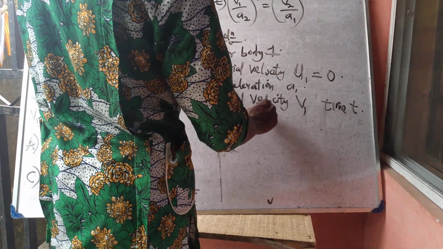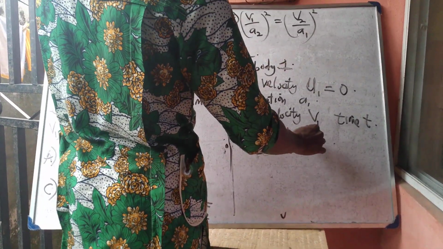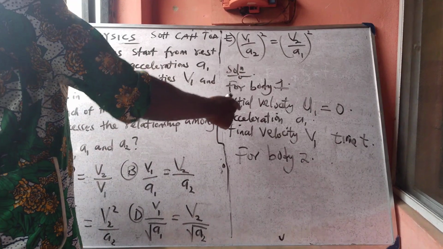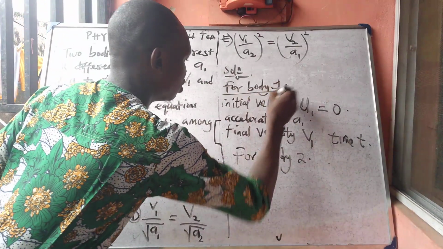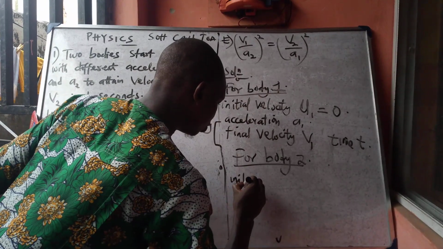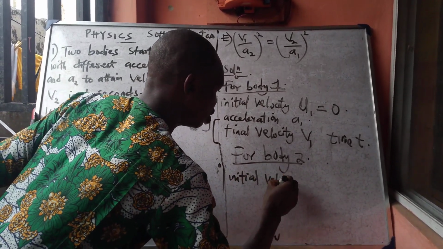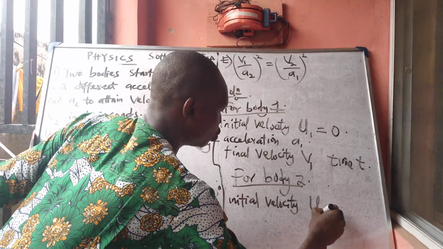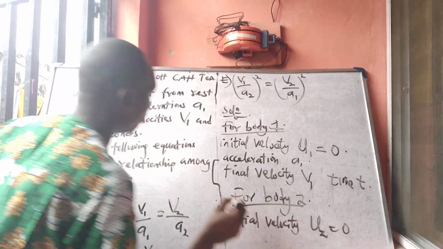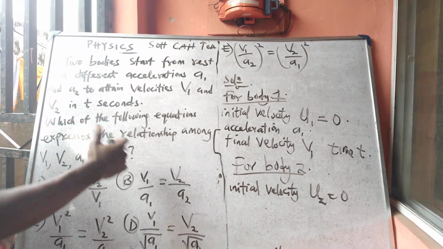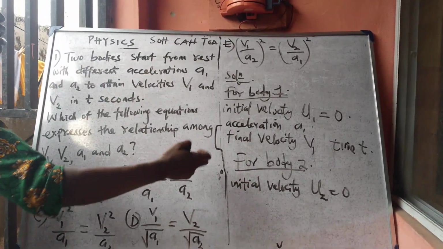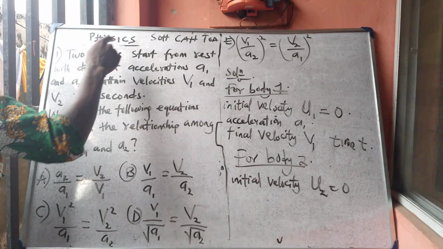For body 2, the initial velocity of body 2, please let's listen, u2 is equal to what? 0. Remember I told you that they both start from rest. That means the first body started from rest and its initial velocity was 0, and the second body also started from rest.